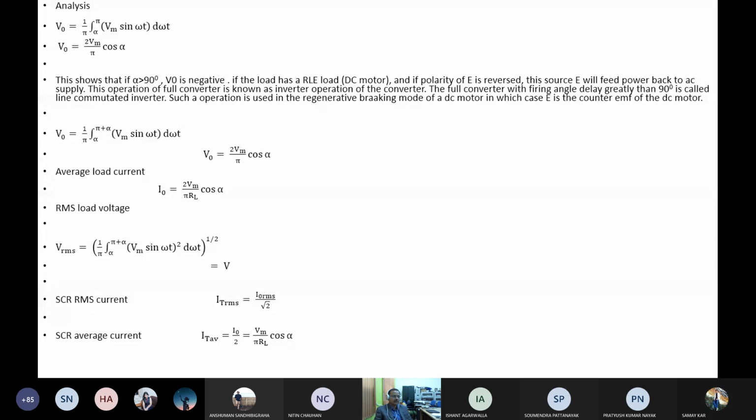That is why it is a full control. Both motoring and braking can happen. In braking, the average voltage is negative, and power can be fed back to the source from the load. That is regeneration, known as regenerative braking in a DC motor.